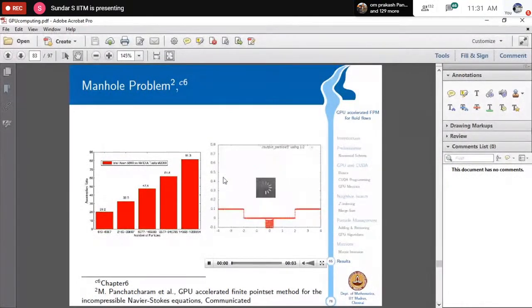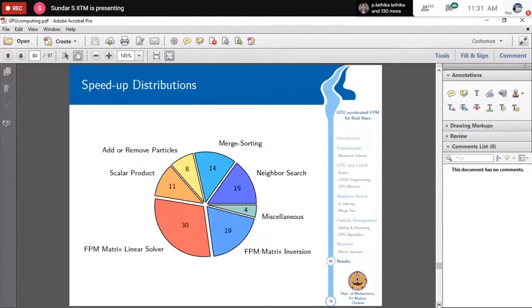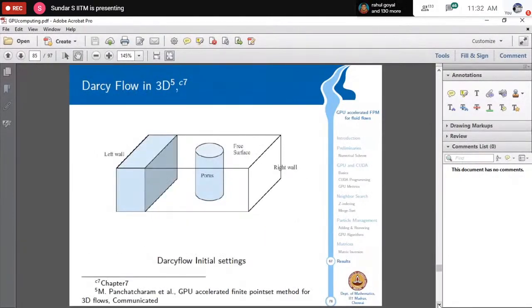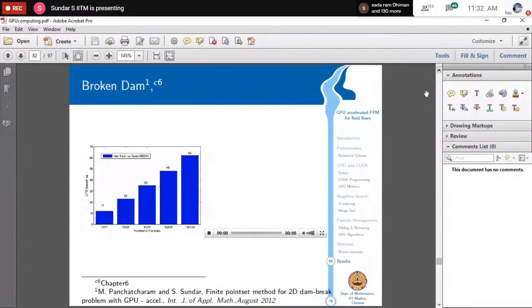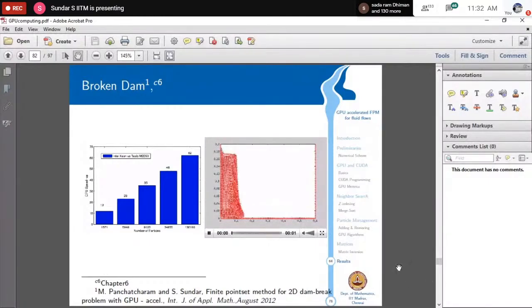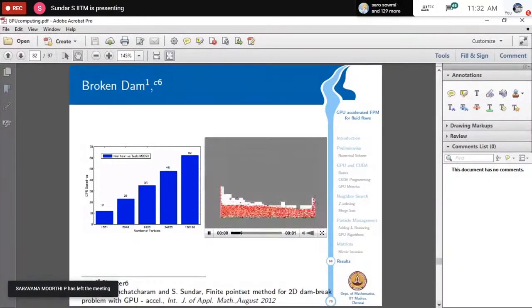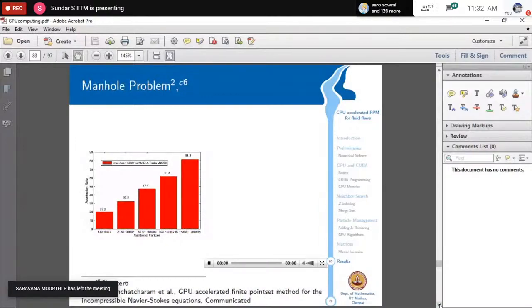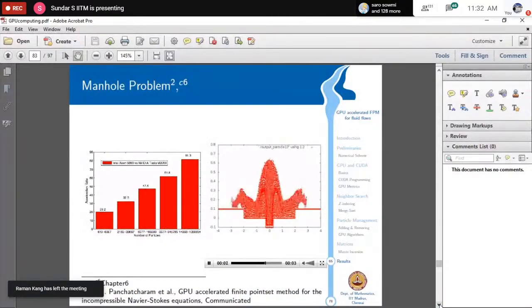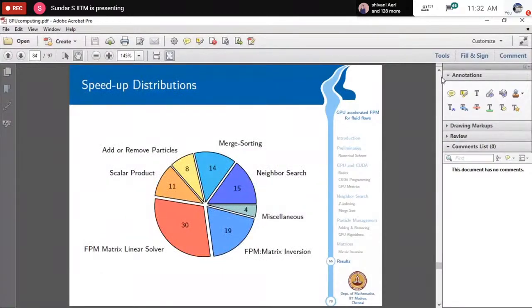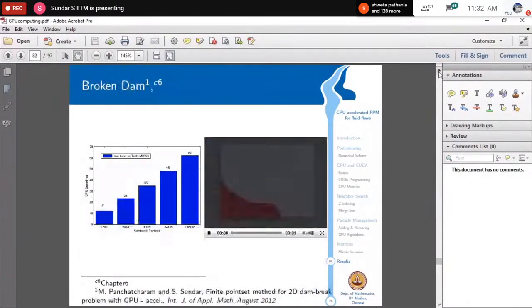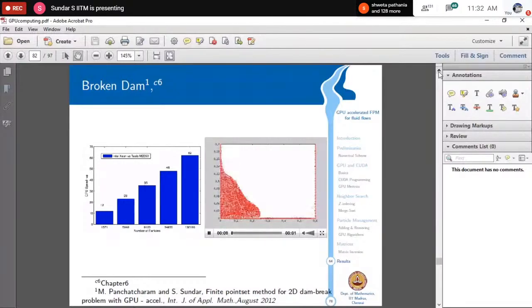I get the acceleration ratio something like 91.3, which is really higher. Then I go to the next slide. So the speed up distribution is this. I have demonstrated all my problems where I am getting the broken dam. You see the speed up. This is the three dimensional. You see the acceleration ratio. This is the Manhole problem. So what I am saying is basically this is the broken dam problem in 2D.